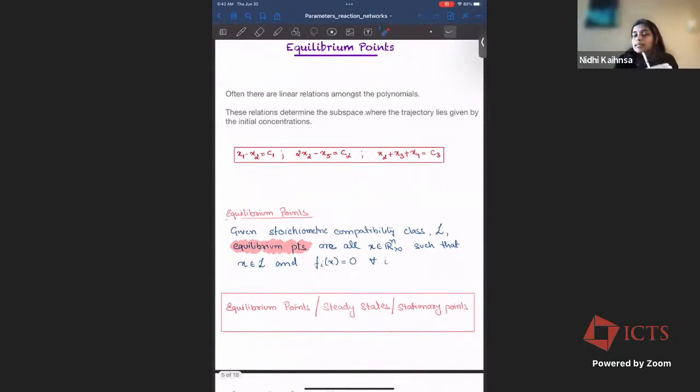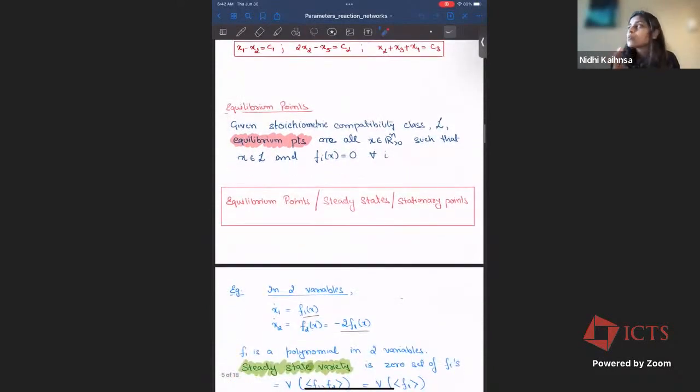If you didn't understand something along the line, here is one tiny example in 2 variables. Let's say I have some chemical reaction network and I get the ordinary differential equations x1 dot and x2 dot, and a linear relation between them. x1 dot is given by some polynomial f1 which depends on x and also on the parameters, and x2 dot is minus twice f1 of x, which is my f2 of x.